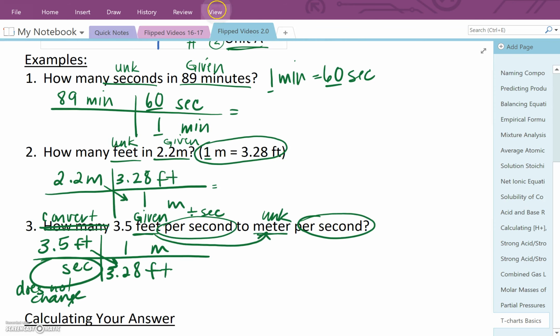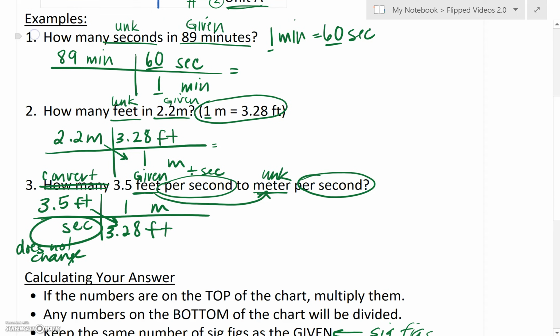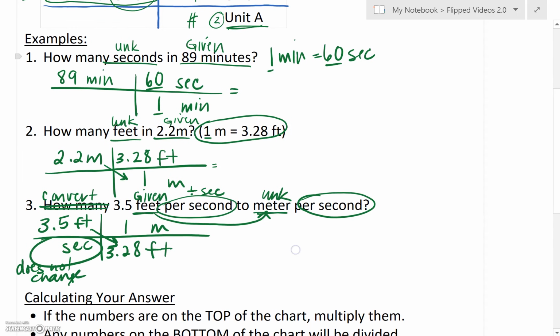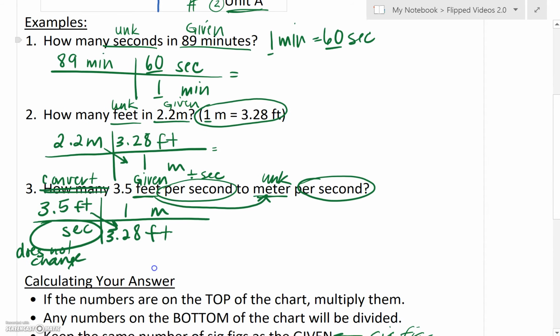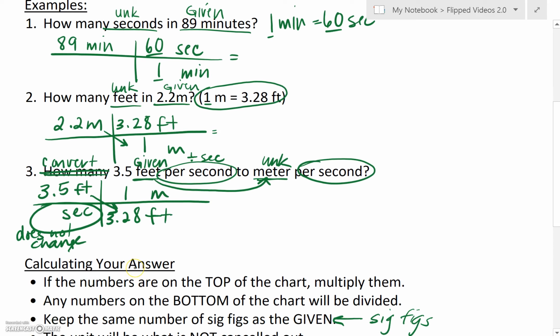Now let's go back to my examples, and now let's do the calculations. Again, if my numbers are on the top of the T-chart, so what I'm talking about here is with example 1, 89 minutes, you see how it's 60 up here, and then 1 down here. If the number's on the top, I'm going to multiply.